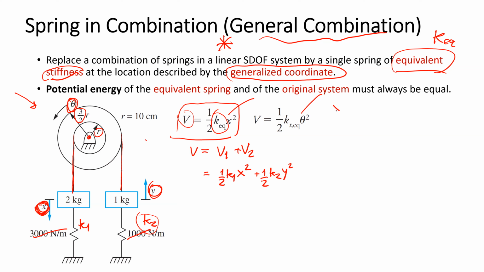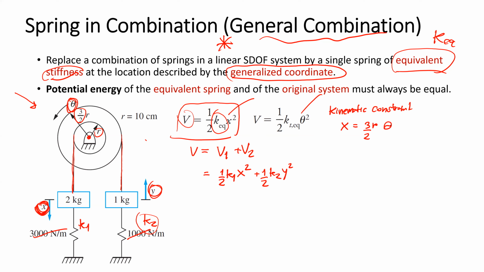So x equals 3/2 r multiplied by theta. Is that right?